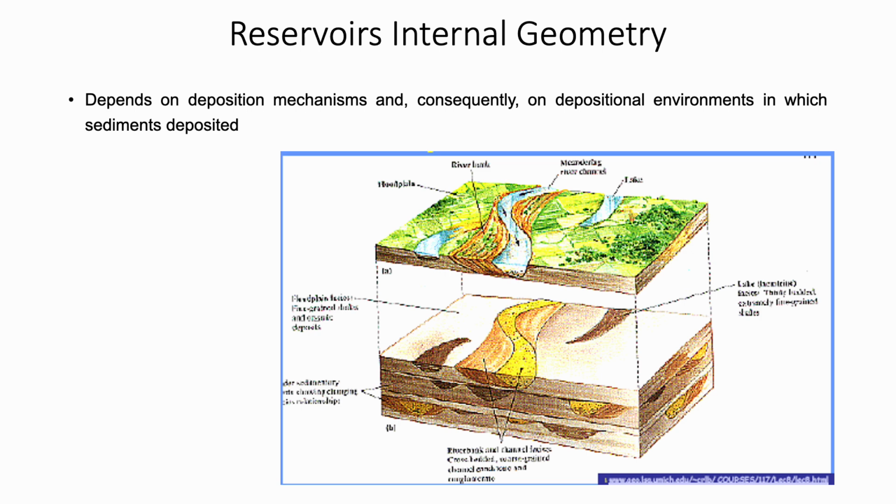It helps geologists determine where to drill, how much oil or gas may be present, and how fluids will move within the reservoir, directly impacting production efficiency. This type of reservoir characterization is essential for identifying high-quality reservoir rocks and effective sealing formations in subsurface geological settings.